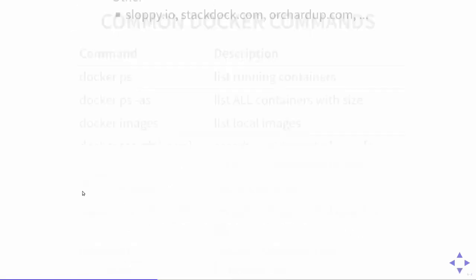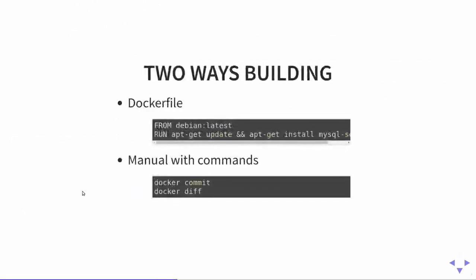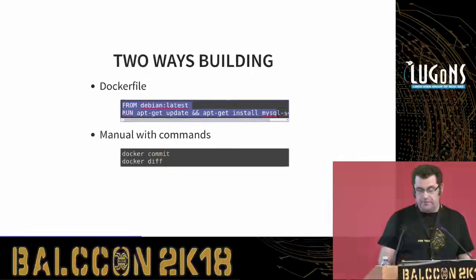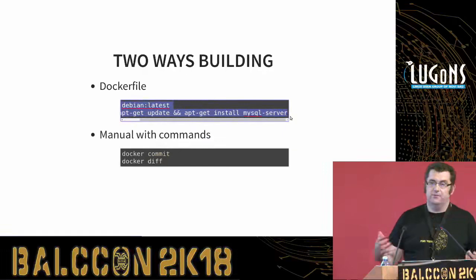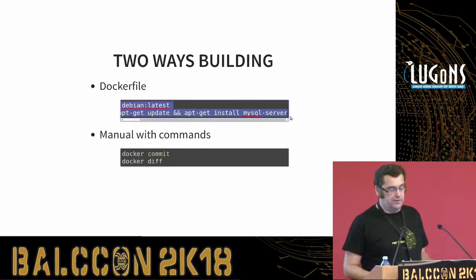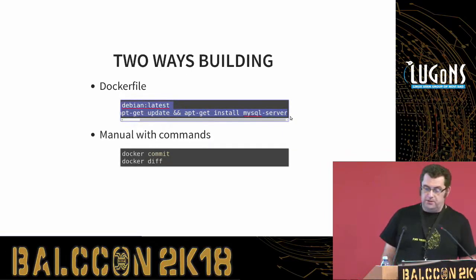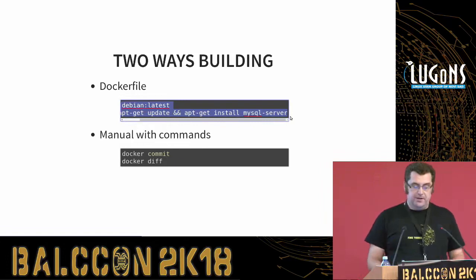So let's go through how you can build those images. There are two ways. One way is to have a Dockerfile. Probably anyone who uses Docker knows that you write which image you want to base on, and then you run commands that define how your image will look. The other way is to build it manually with commands.